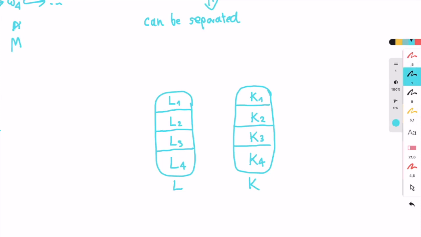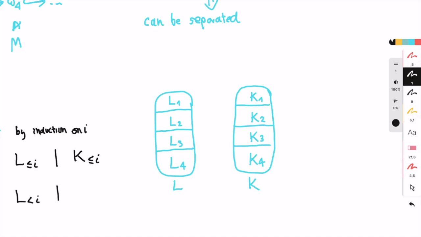What we're going to show, in order to show that L and K can be separated, we will show by induction on I that you can separate L at most I from K at most I, and you can separate L strictly less than I from K at most I, and of course symmetrically K strictly less than I.